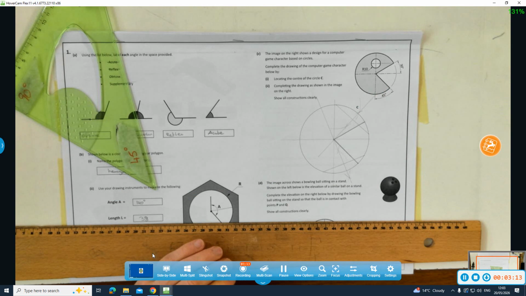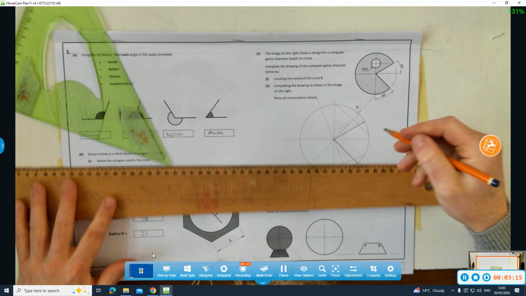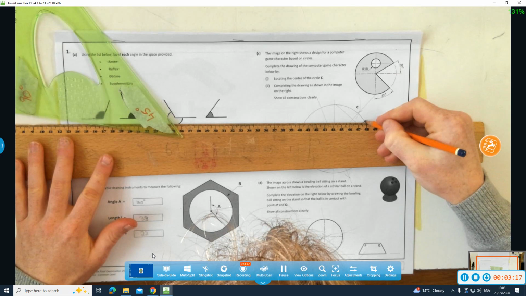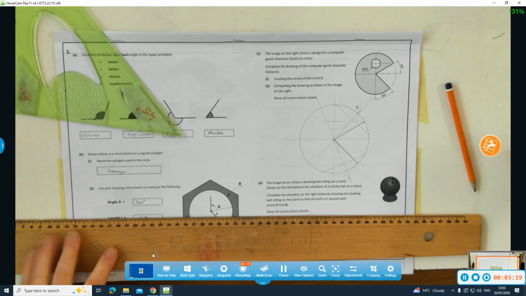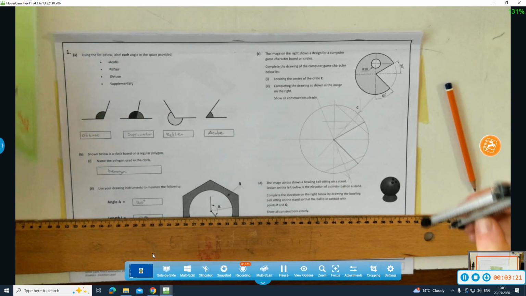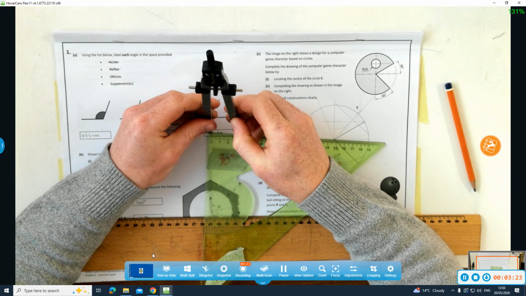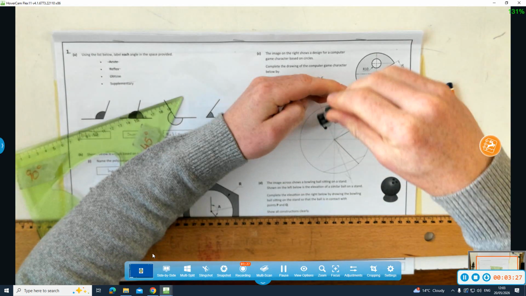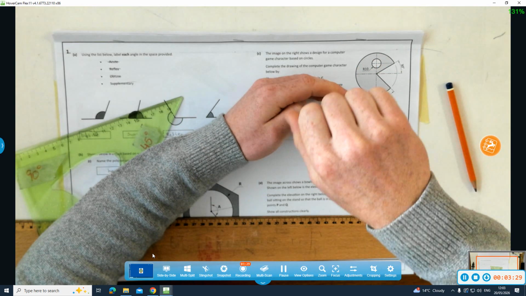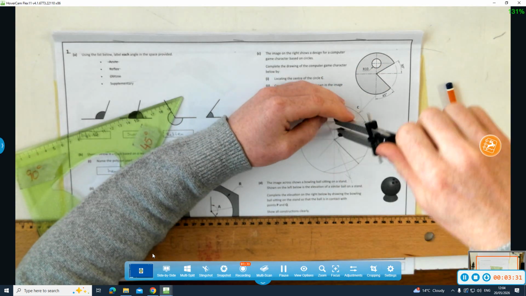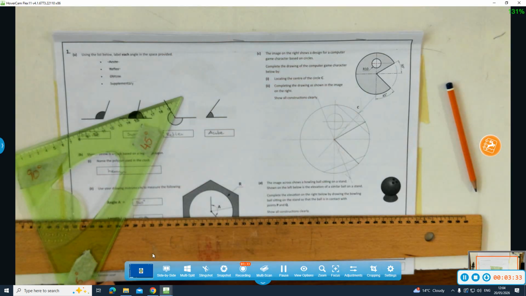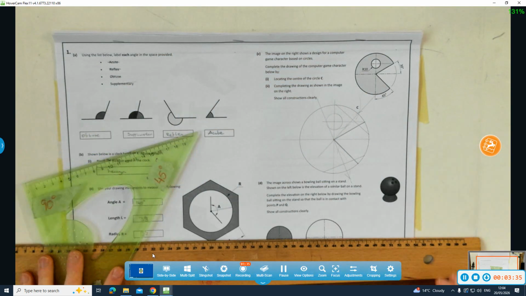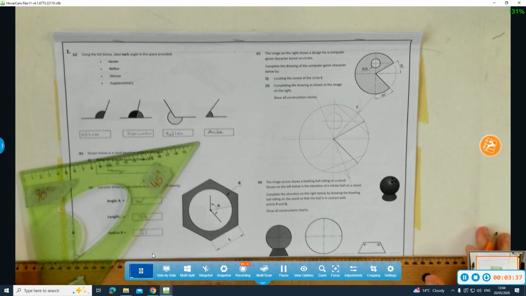Then we just have to draw the eye. The eye comes across here, the top of the mouth. So that's the center, and it's a radius 10. Be careful how you draw these radiuses because they're quite small, it can be difficult. So that's that part of the question then completed.